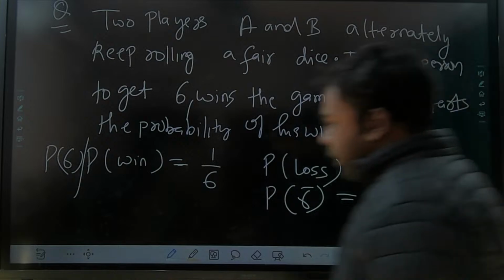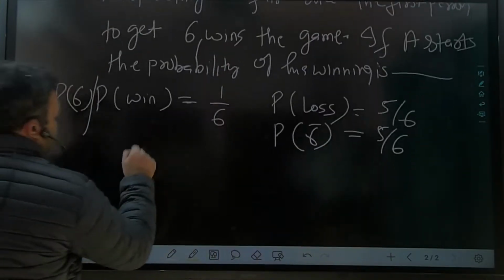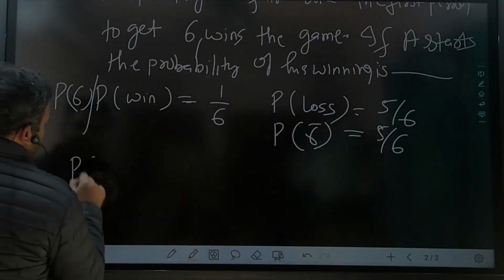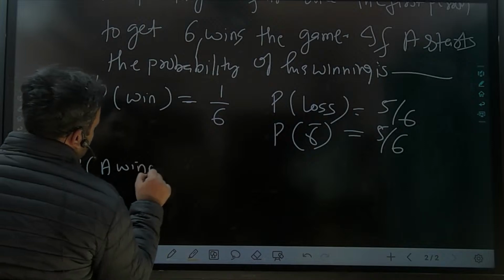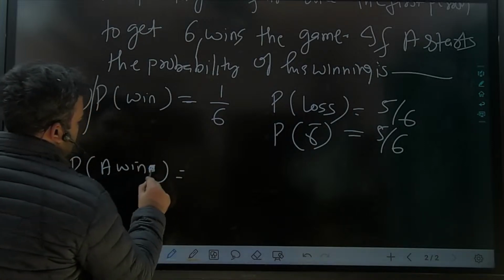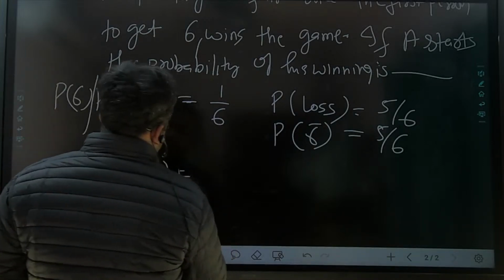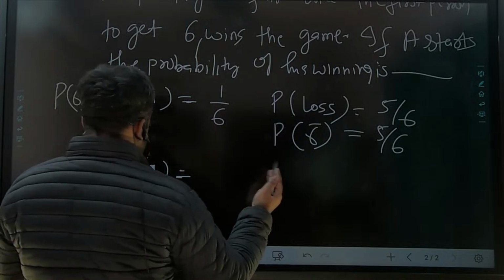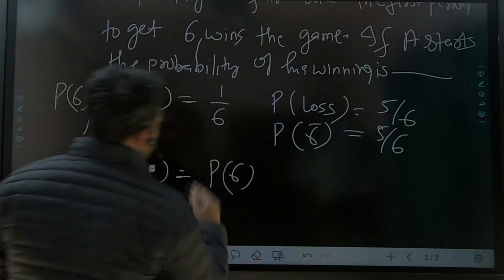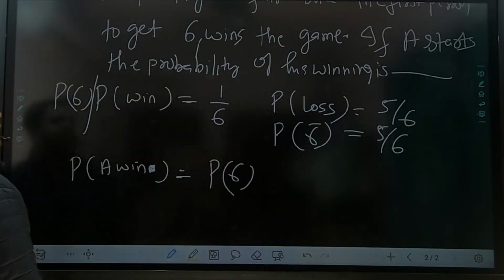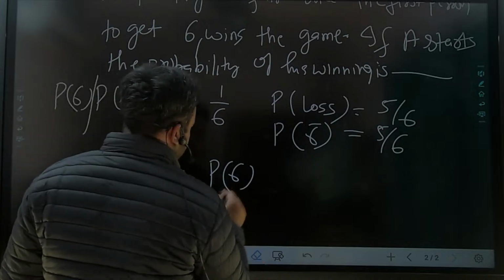Now probability of A to win when he starts. If he starts, it can happen in his first attempt. In his first attempt he gets 6, he wins.